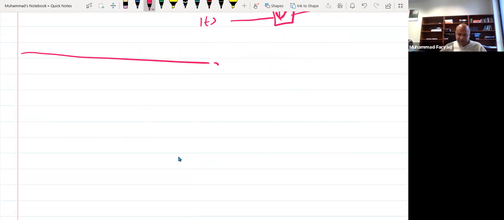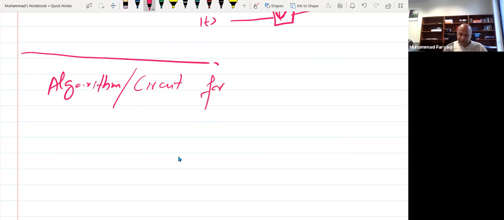And let me begin with constructing an algorithm. The first algorithm perhaps of this course, and sometimes we will call algorithm by the name circuits, because we are using circuit model to express algorithm for preparing Bell state.